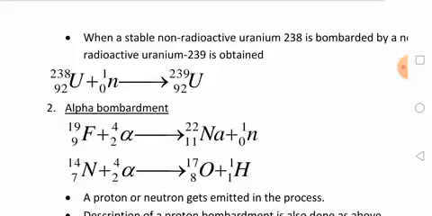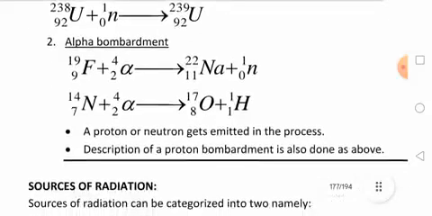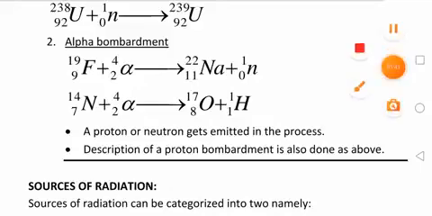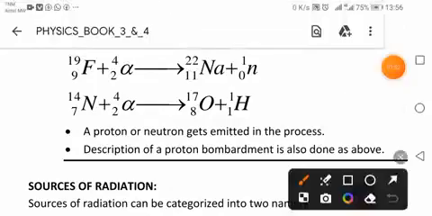Uranium, when bombarded with alpha, you know already that alpha means the atomic number changes by 2 and the atomic mass number by 4. Generally, there is a combination of alpha here.